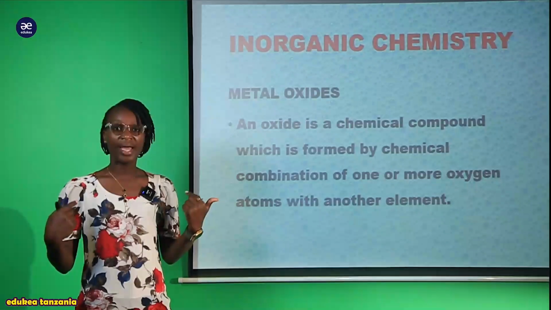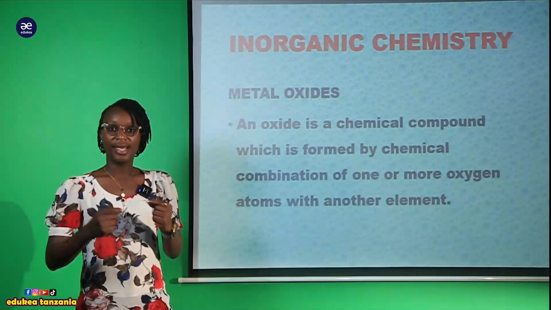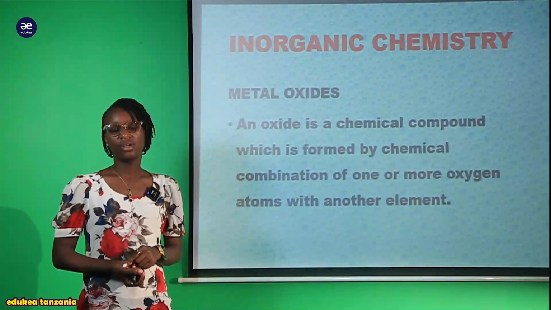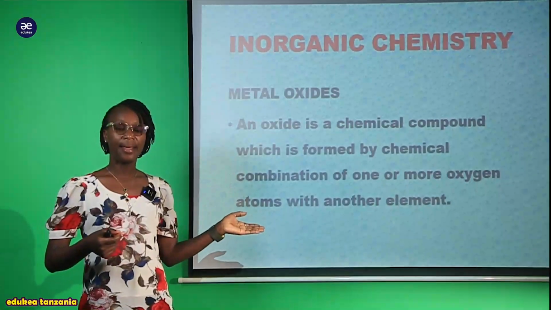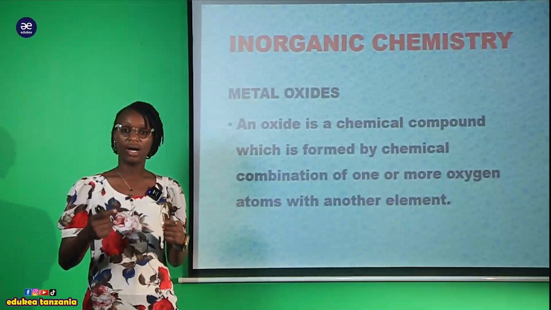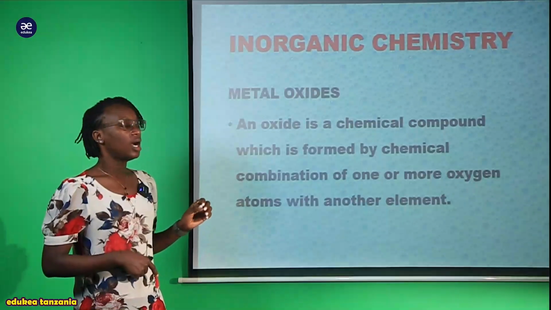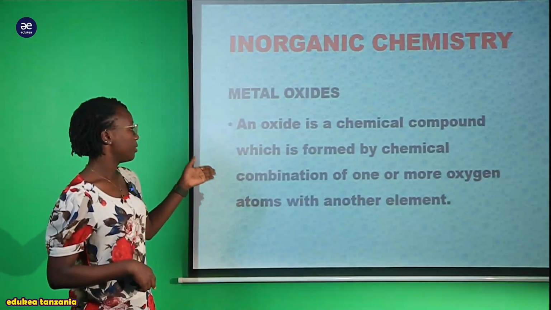So simply on your mind you have to understand, naongelea ile compound ambayo imehusisha reaction ya any element with the oxygen gas. So you can see that ile reaction ya oxygen na any element or another element inaenda kutupelekea formation of what? Formation of this metal oxide. So that is all about the metal oxide.